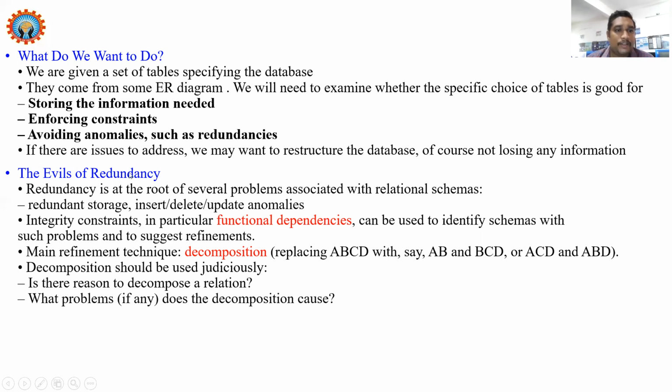The evils of redundancy are that it is at the root of several problems associated with some relational schemas. So based on the redundancy problem, we reduce the redundancy and make the data clean.